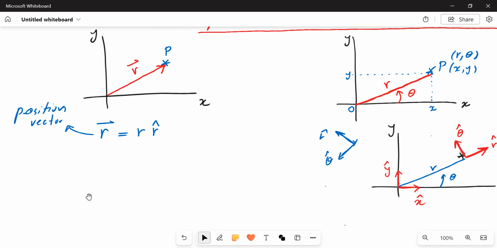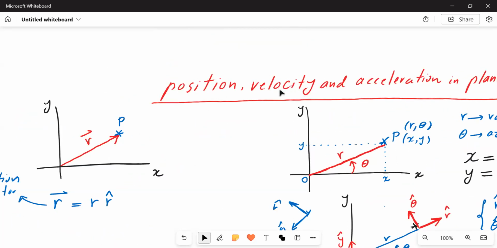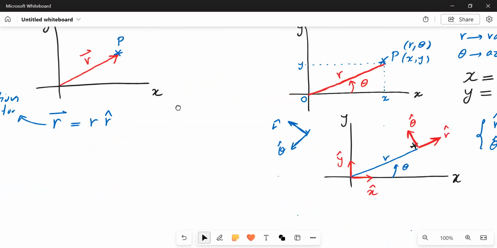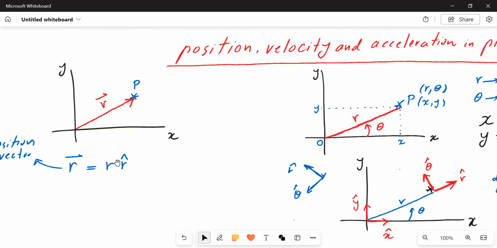The next dynamical variable that we're interested in is velocity. And we all know that if this particle, this point P, represents a particle and it starts to move, let's say it moves along some certain path, then I can define a new vector which indicates its velocity.